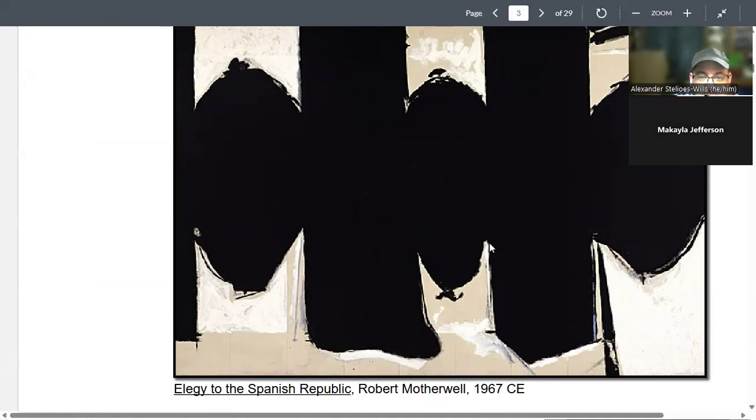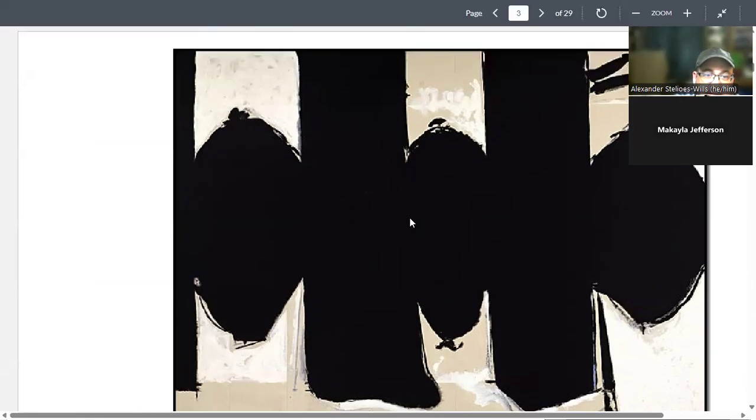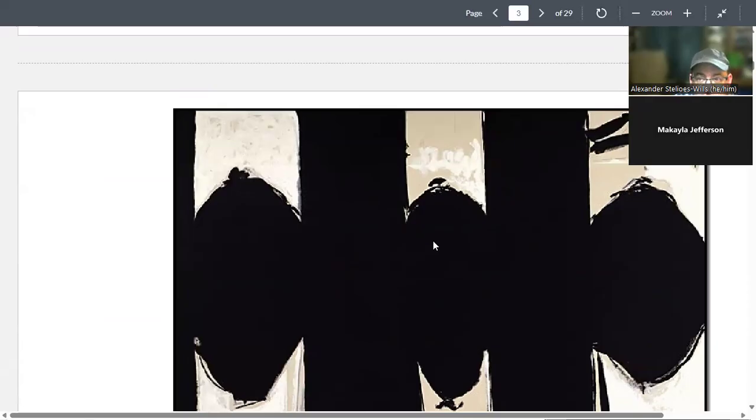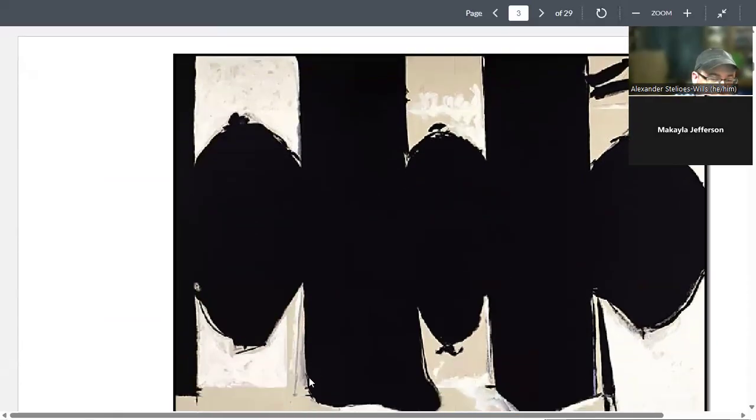What else do we talk about with this? We talked about how it's a good example of figure-ground relationships, right? And we talked about how, for me, it represents one of the boundaries of representation, which is that it looks completely like a non-representational painting.